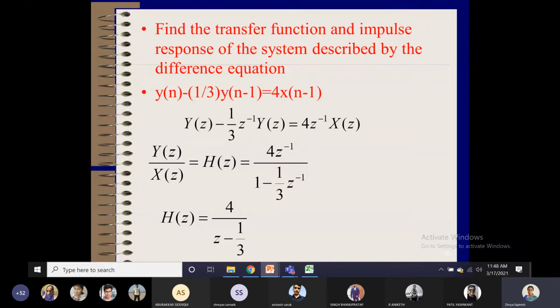So if you take the inverse of this, what will you obtain? All of you please tell me what the answer will be for 4 upon z minus 1 by 3.